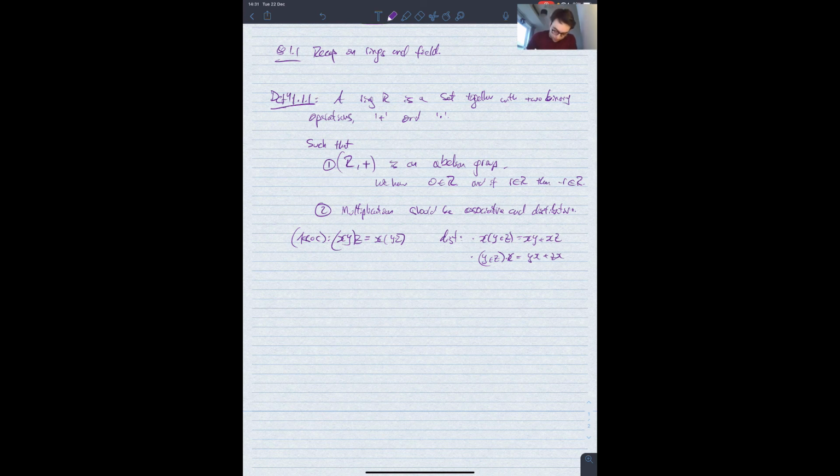So a ring is called commutative if for all x and y in R we have x times y is the same as y times x. All of our rings are going to be assumed to have this.